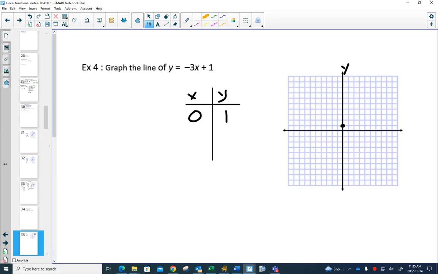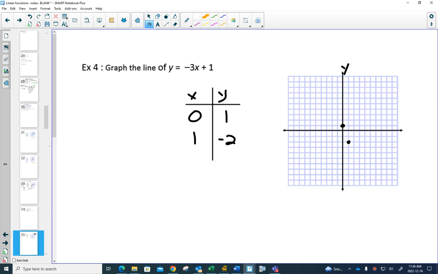Tell me another value of x you could put in. 1. If you plug in 1, you're going to get negative 2. So I go to 1, and I get negative 2. Now, technically, you have 2 points. This would be enough to graph a straight line. But we do one more just to make sure we haven't done any mental math mistakes.